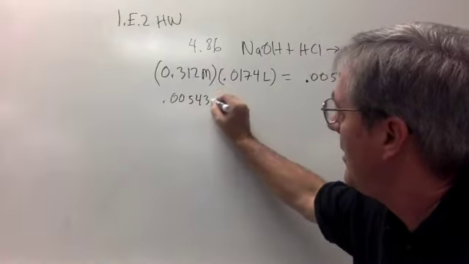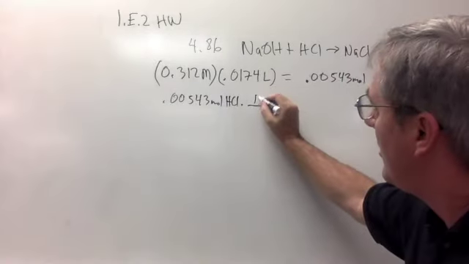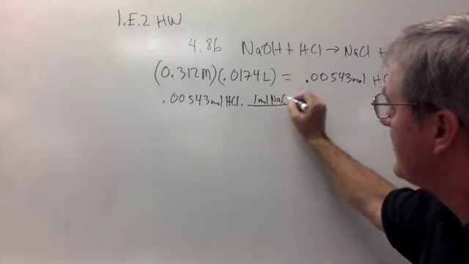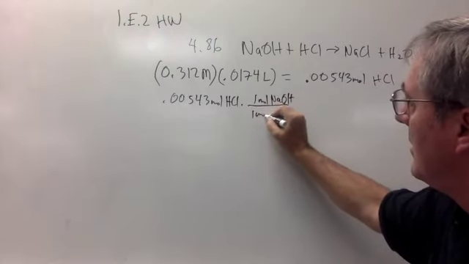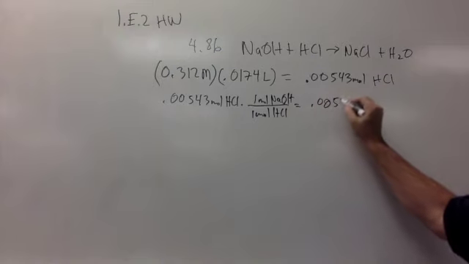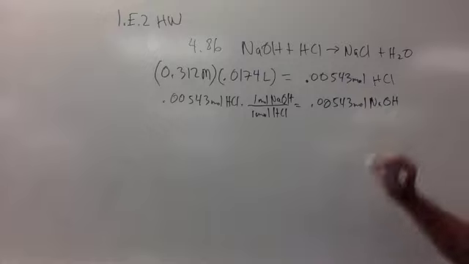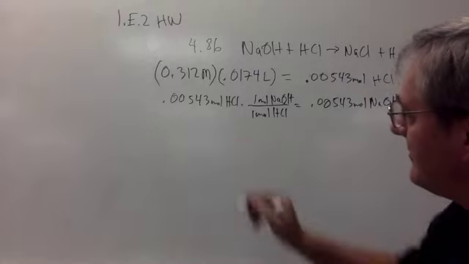0.00543 moles of HCl times 1 mole NaOH for every mole of HCl means 0.00543 moles NaOH must have been in the analyte.